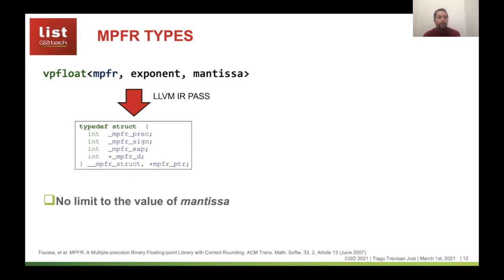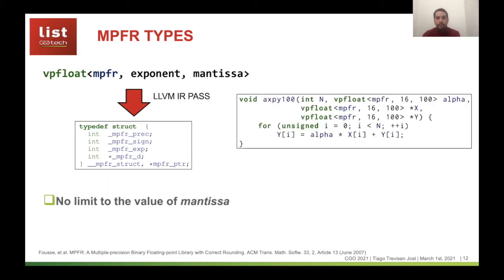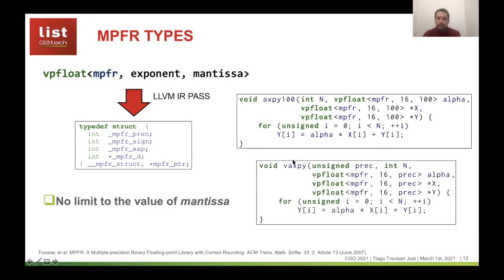So the vpfloat MPFR specifies an exponent and a mantissa. These are examples of a vpfloat MPFR type being defined with 16 bits of exponent and 100 bits of mantissa. And this is the AXPY example, which shows that prec here is being used as the mantissa of alpha, pointer of x, and pointer of y.